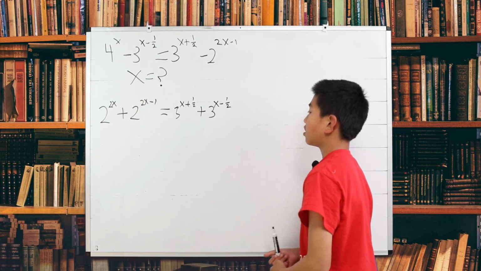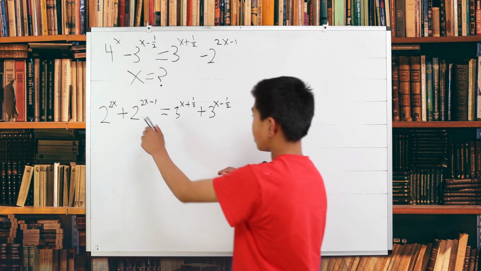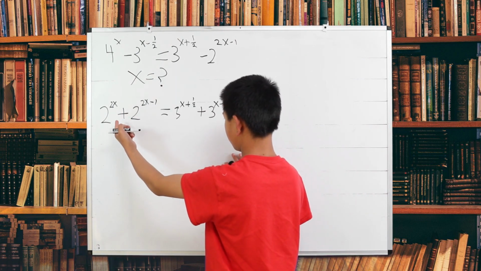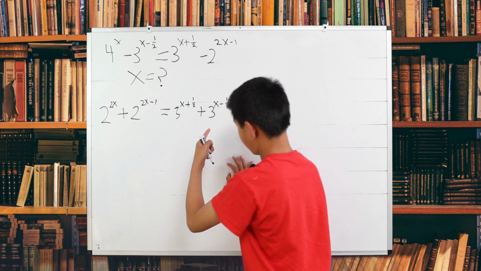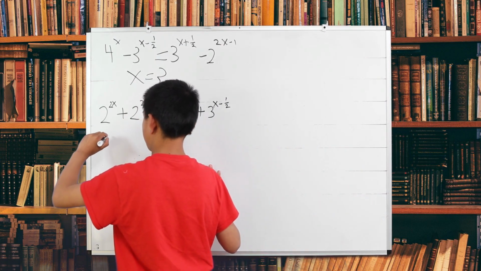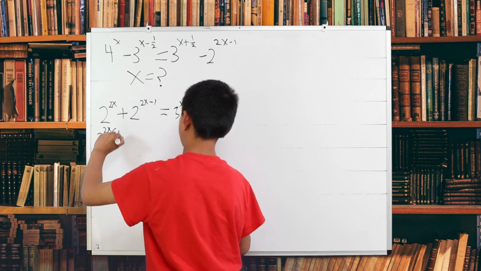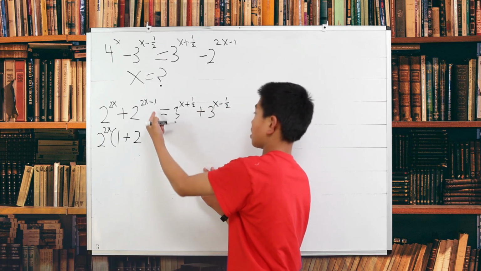Now we see that in both of these sides, we can take out a factor. On this side, it's 2 to the power of 2x, and on the right-hand side, it's 3 to the power of x. So let's do that. 2 to the power of 2x times, this is just 1, plus 2 to the power of negative 1.